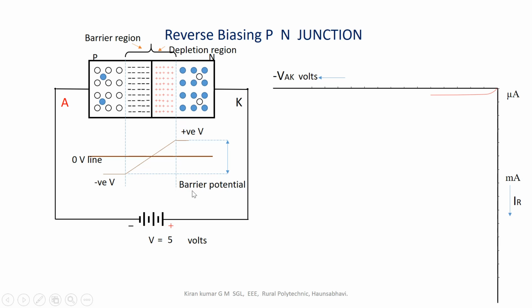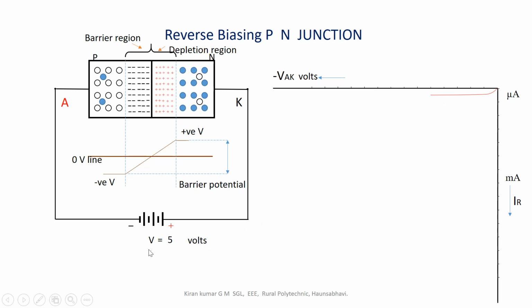The barrier potential is increased to the next higher value, but the flow of minority charge carriers will continue and remain the same, creating the same level of small microampere current, which we call the reverse saturation current through this diode.